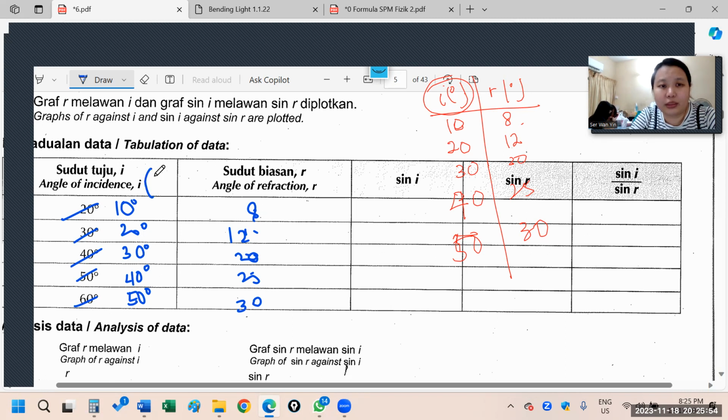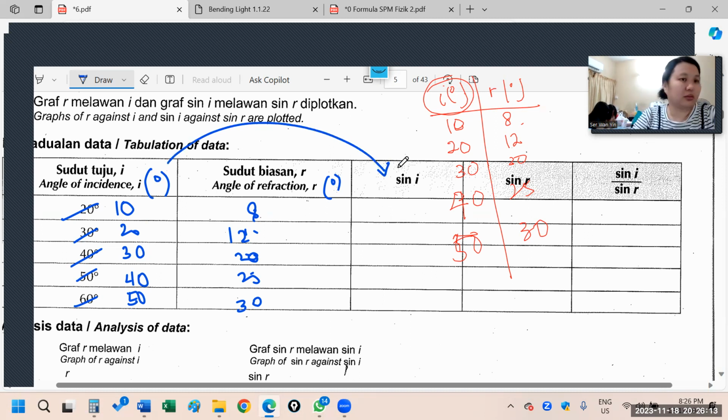Normally we put the unit on top, so we don't put the unit at the bottom. Then we change i to sine i, means we take sine 10, answer is 0.1736.